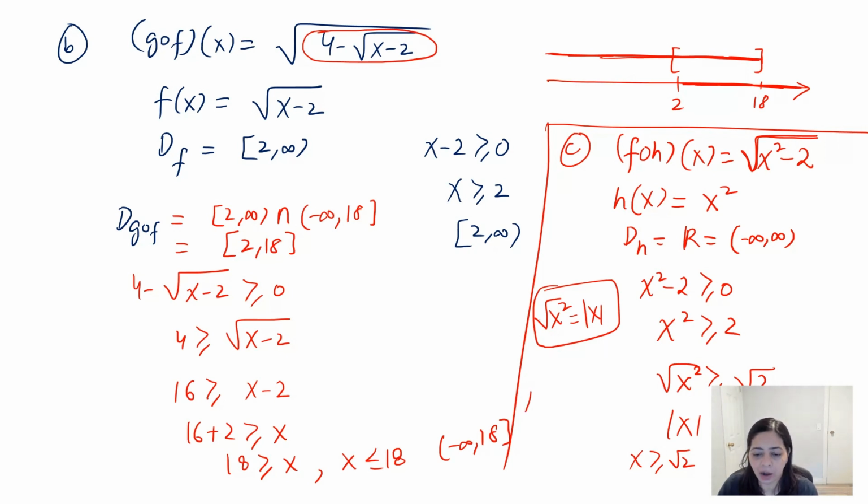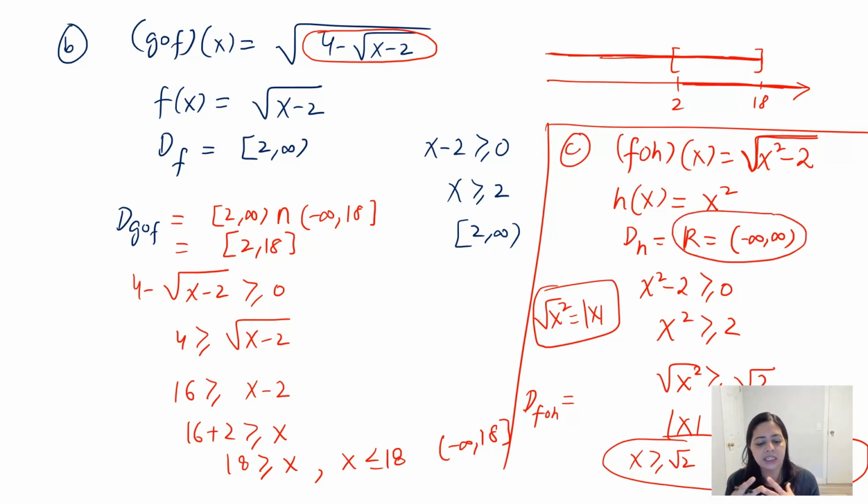Now to finally write the domain of f o h, you have to take the intersection of this with the domain of the inner function, which is the whole real line. Whenever you are taking intersection with the whole real line, it's actually this only, because that's the only common part, because the whole real line has no additional restrictions. So the only restrictions will be coming from here. So that's the final answer.